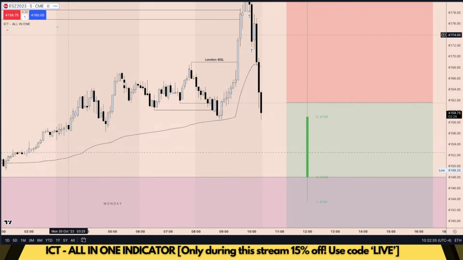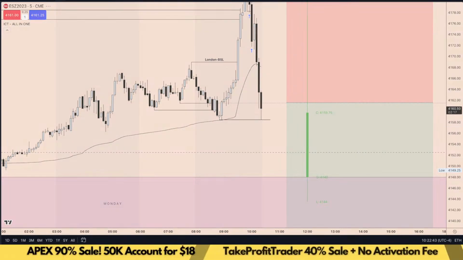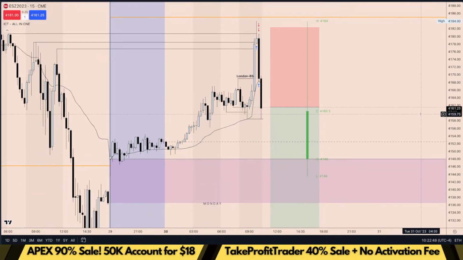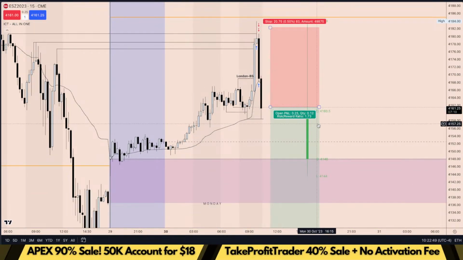Now we have equal lows right here with that 850 low on the 5-minute time frame. I would still like to wait for a 15-minute opportunity if I get in on this short.